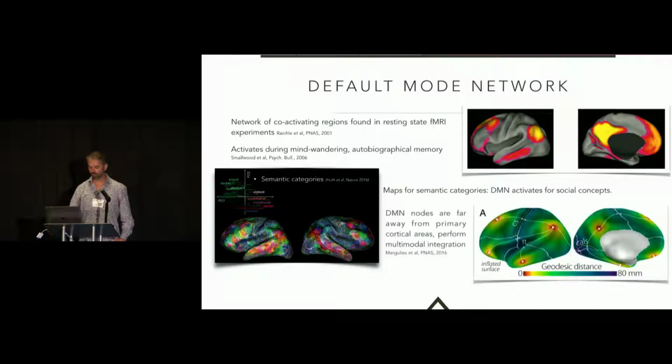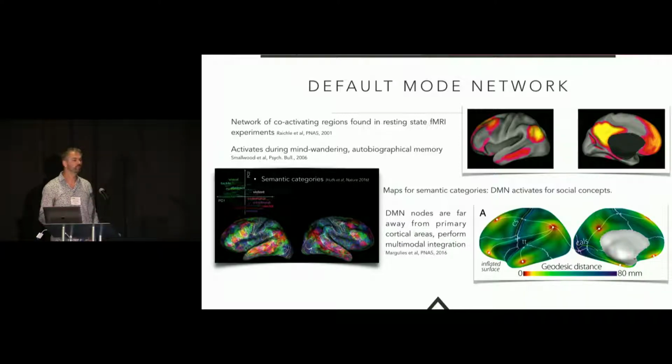Furthermore, if you look at just the spatial layout of the cortex, you find that exactly these regions in the default mode network are furthest removed in terms of geodesic distance from the primary areas of cortex, both sensory and motor. And that puts them in a position to do a lot of multimodal integration, for example.